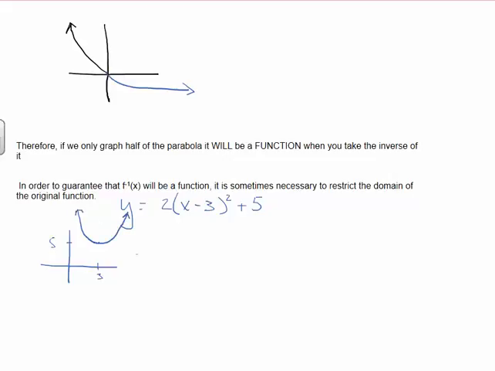So if I was to take the inverse of that parabola, it would not be a function. But what if I did some restrictions to my domain here? What if I said that x can be any real number, but x has to be greater than or equal to 3?